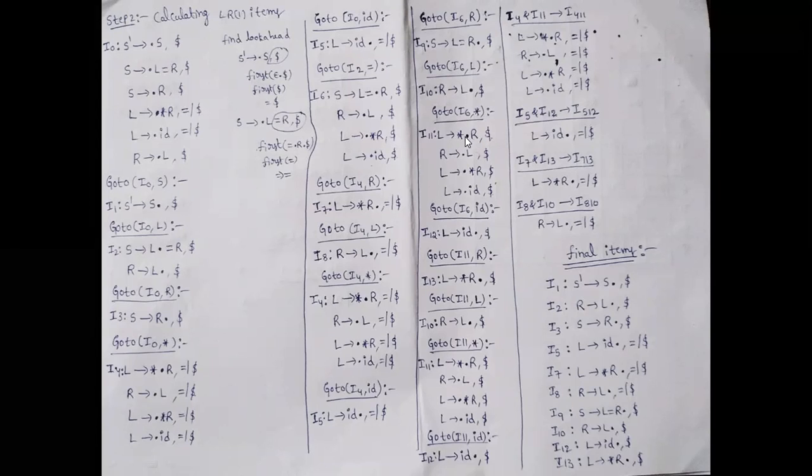Here after the dot we have capital R, so you add the productions of capital R: R produces dot L, and the first of this one is dollar. Then add the lookahead for this one. Here after the dot capital L, then add the productions of capital L. So what is the first of this one?